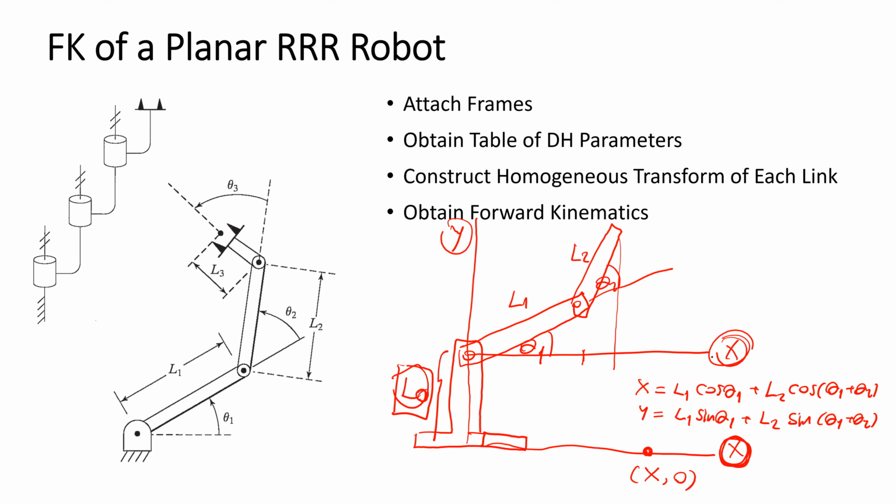But if you use this coordinate, when you want to grab something on the ground, you need to remember that this position should be x coordinate and minus L0. Did you get the meaning?